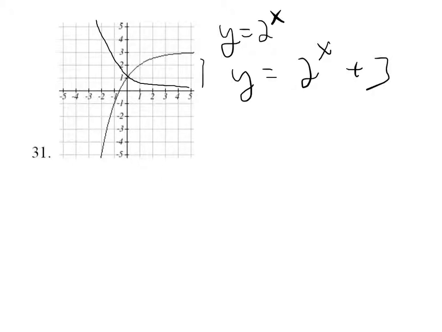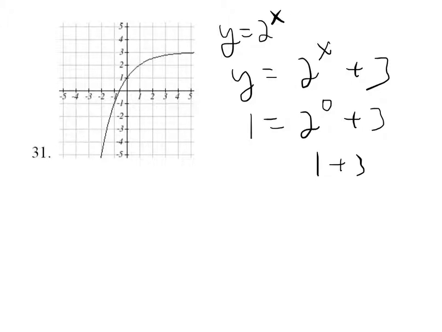And then I want to check and see if I get this y-intercept of 1. I've got to substitute in 1 and 0 here, and see if I do get 1. So 1 equals 2 to the 0 plus 3. Well, let's see. That's going to give me 1 plus 3 is 4, not 1.